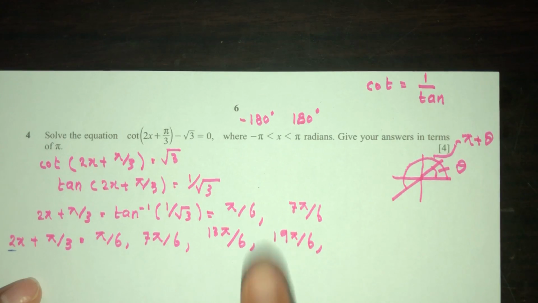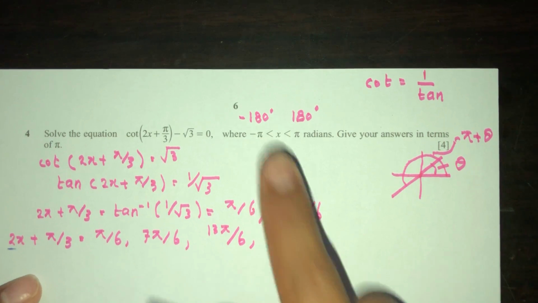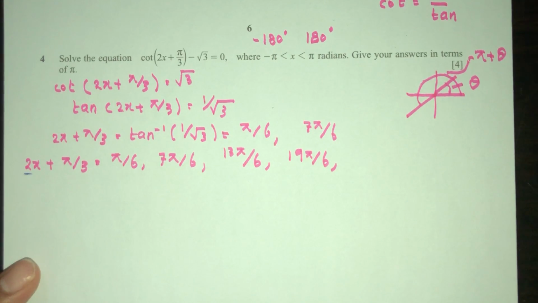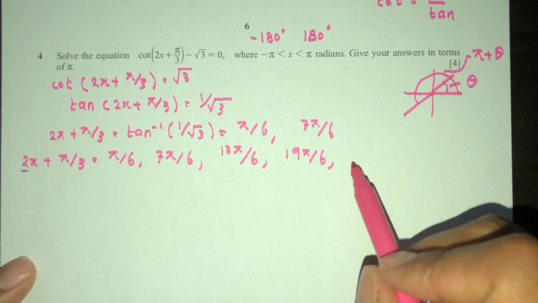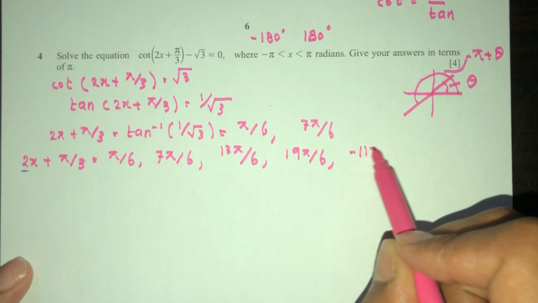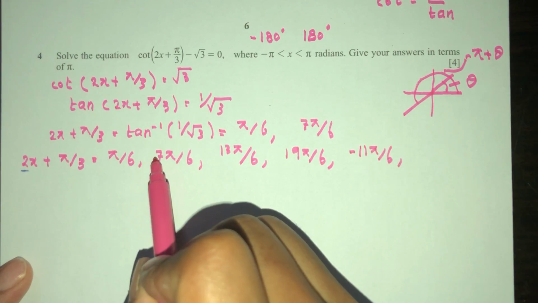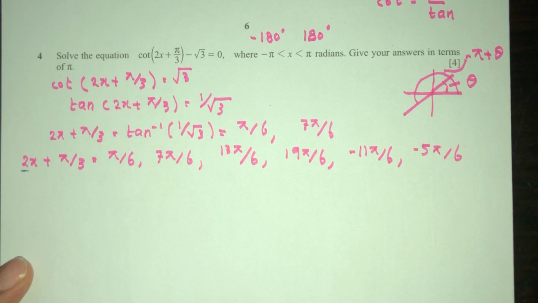Now, because our domain is also on the negative side, we can also minus 2 pi from these values. So this one, minus 12, will become minus 11 pi over 6. And 7 minus 12 will be minus 5 pi over 6. There you go.